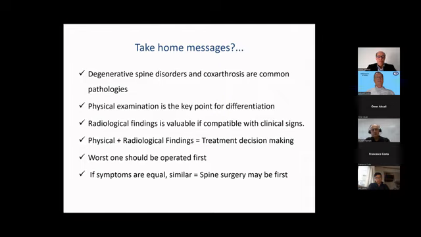Physical and radiological findings should be analyzed for the treatment method. The worst one should be treated first, but if the signs and symptoms are similar, spine surgery may be the first option. Thank you for your attention.